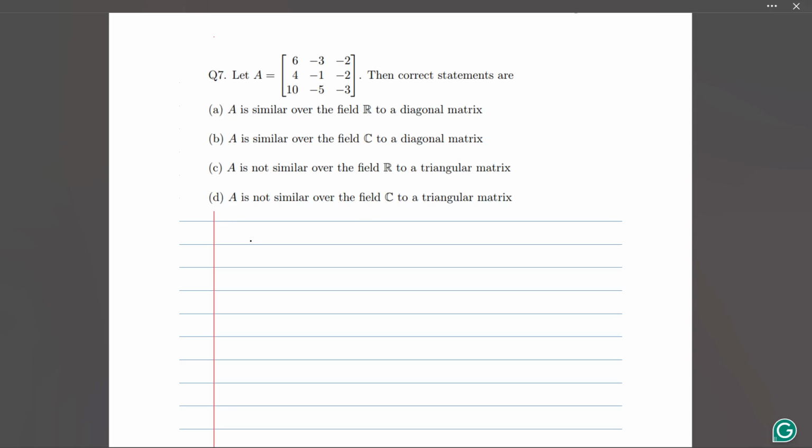So here it will be determinant of A minus xI. This will be the determinant of 6 minus x, minus 3, minus 2; 4, minus 1, minus 2; 10, minus 5, minus 3 minus x.